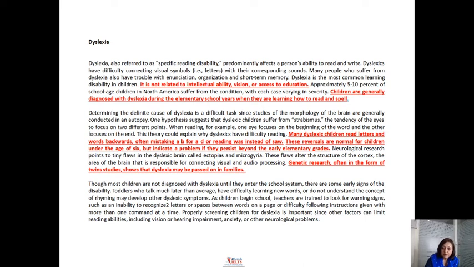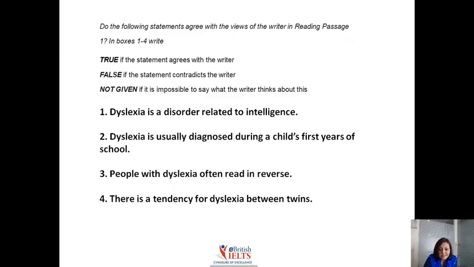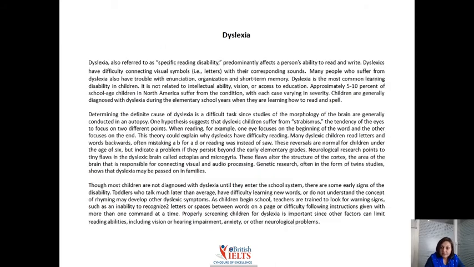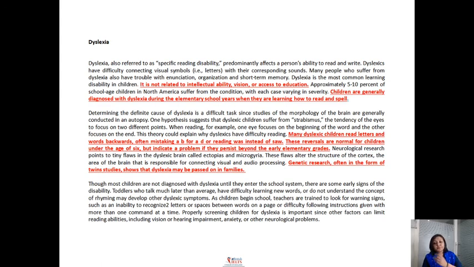The only thing that we know from here is that sometimes it runs in families, and that is what genetic research has focused on. But it is not from the standpoint of twins having it more than normal children. So I can't even write it as false, because there's nothing about tendency for dyslexia between twins. So in my opinion, this is not given. It's not supported by the information that is given in the passage here.